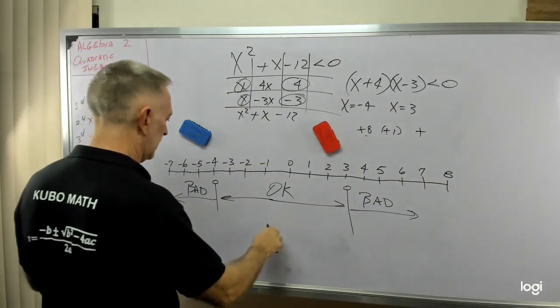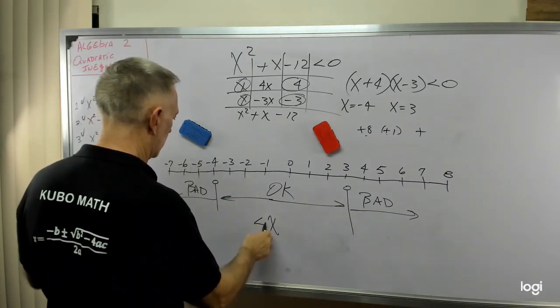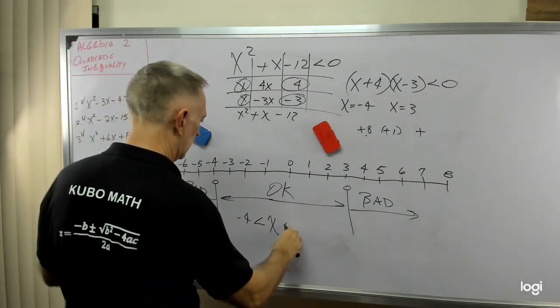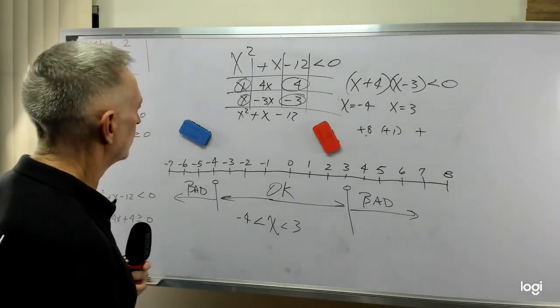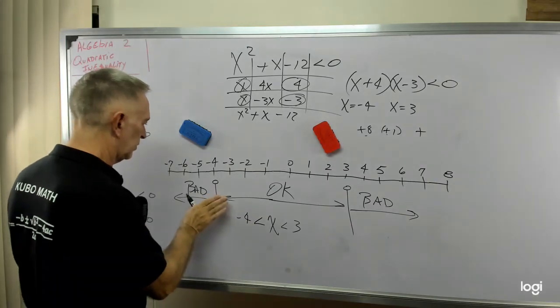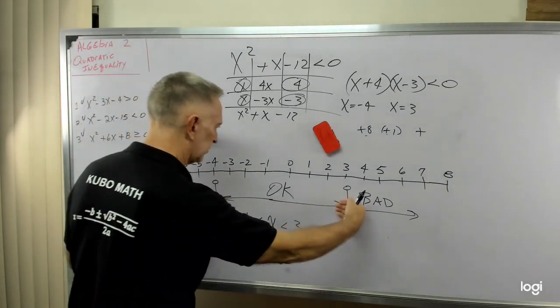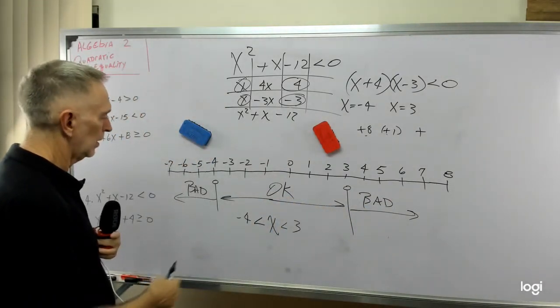So what does that mean x is? X greater than -4 and less than 3. Okay, x is greater than negative 4, but it's less than a positive 3. Let's challenge that.